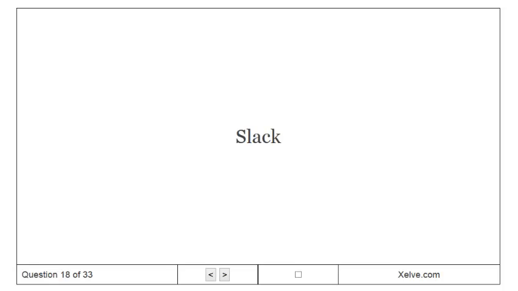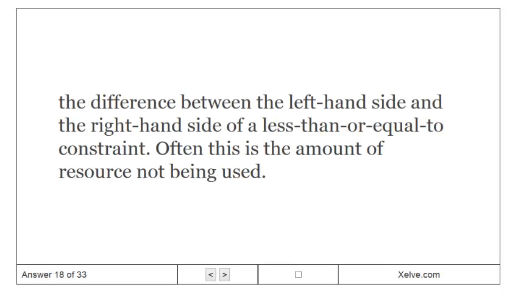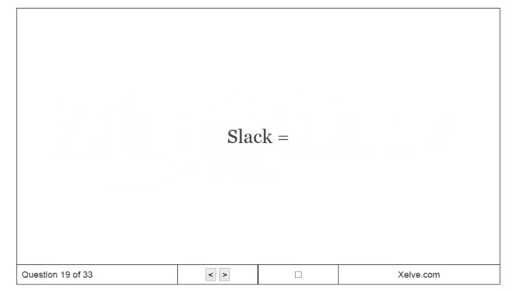Slack. The difference between the left-hand side and the right-hand side of a less than or equal to constraint. Often this is the amount of resource not being used.